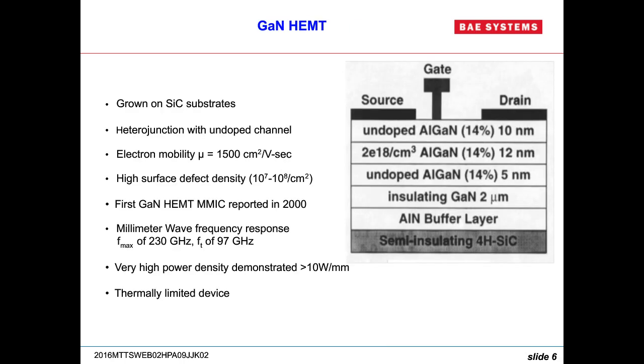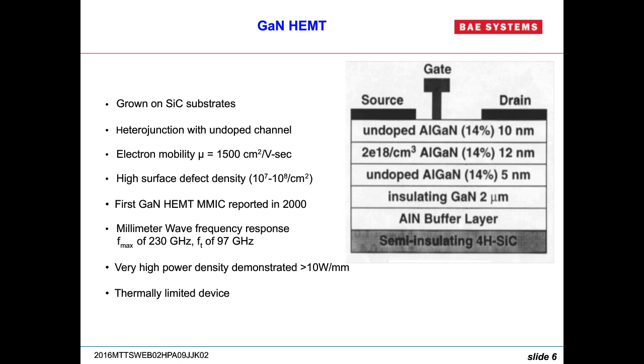GaN HEMT. This has become the subject of focus of the industry just about everywhere. It's grown on silicon substrates as a standard due to the DARPA program, which developed the technology. And just about everybody uses silicon carbide nowadays.